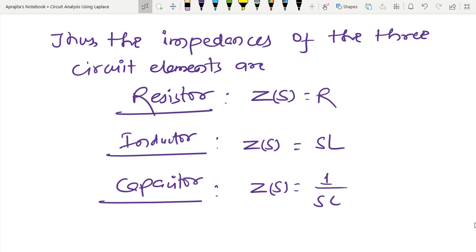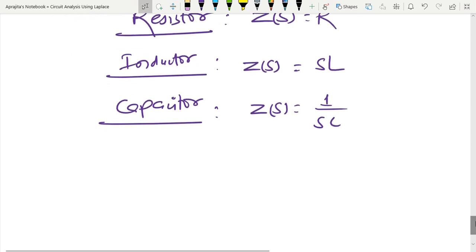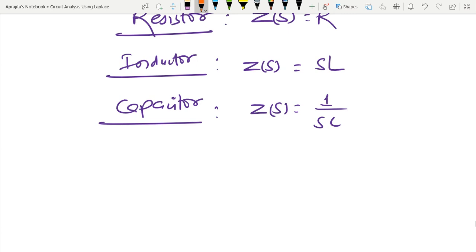Now one more important point I am going to discuss as a remark, because I have told you that in the Laplace domain I can also analyze dependent sources, and from the initial classes onward I was always talking about dependent sources. So suppose I have some kind of dependent source, then how do we take care of this.